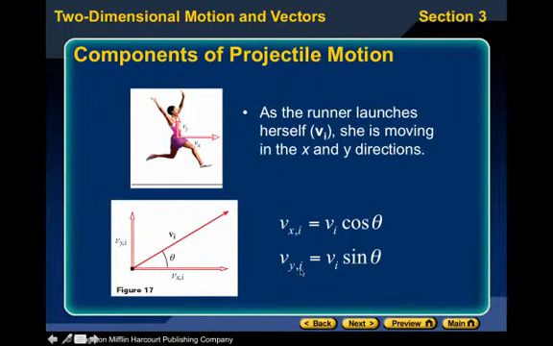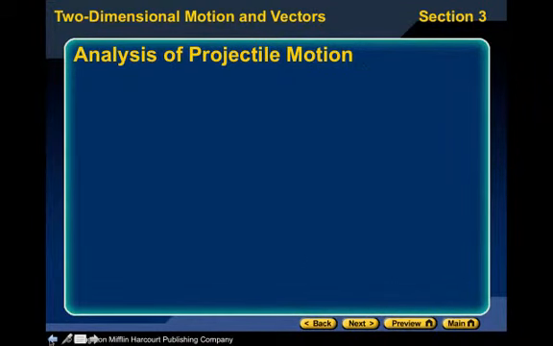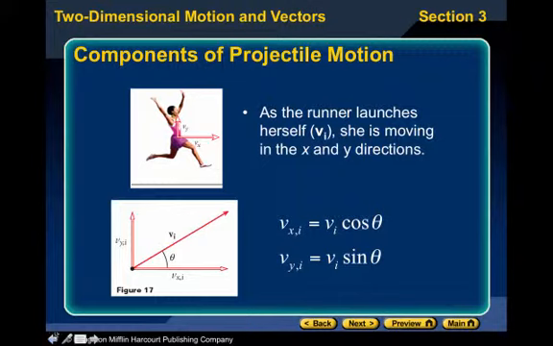Vyi equals Vi times the sine of theta. So it equals Vi on both of them? Yes, Vi. You're basing it off of this initial velocity at whatever angle they give us, at the angle theta.